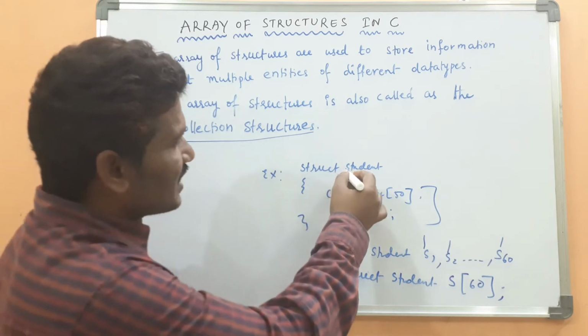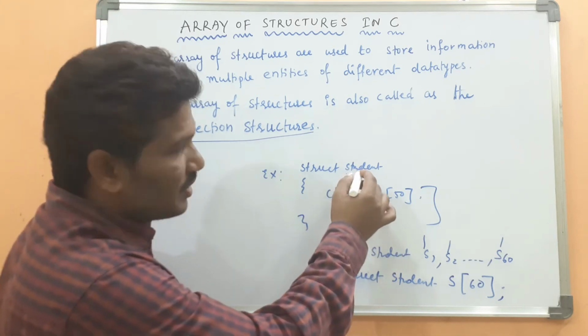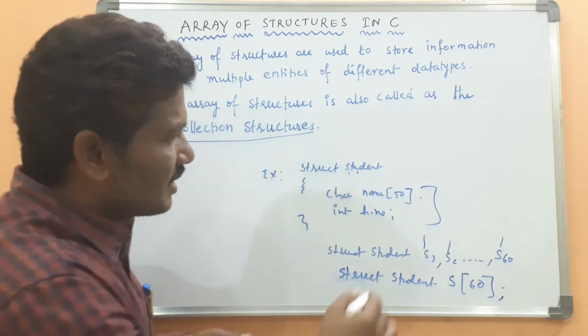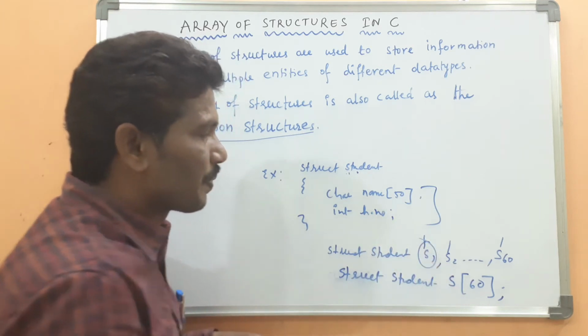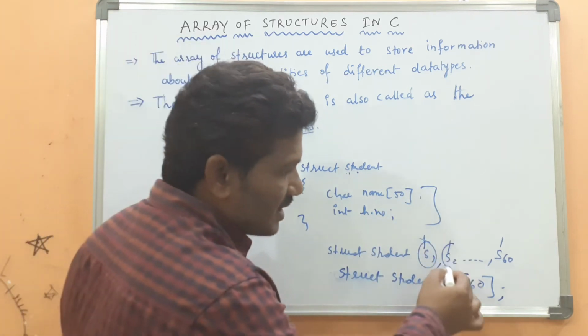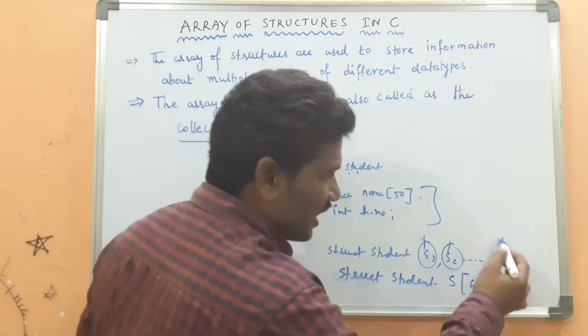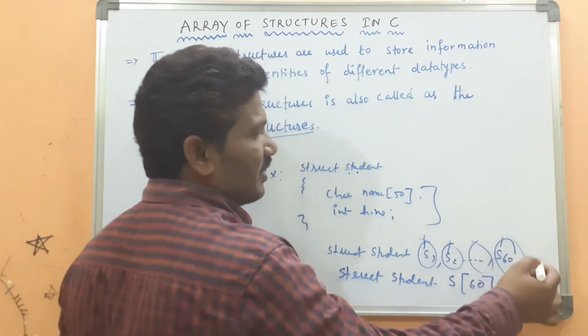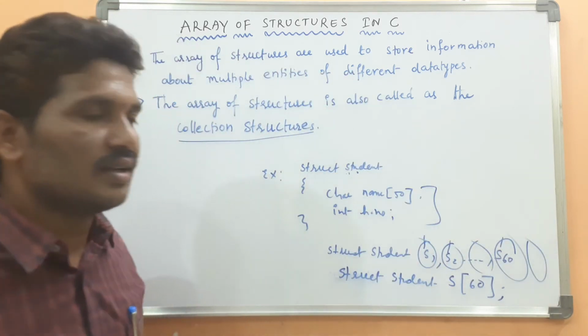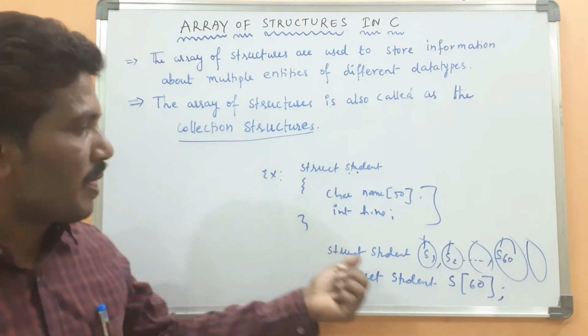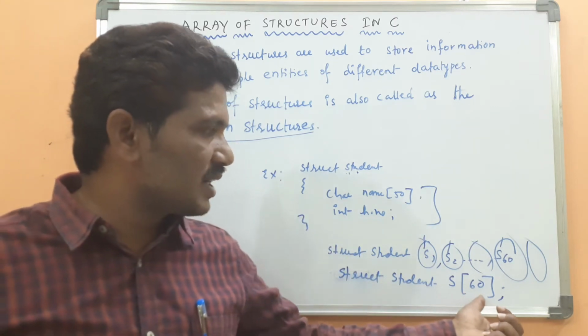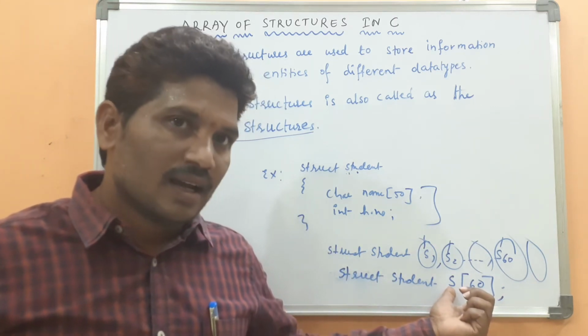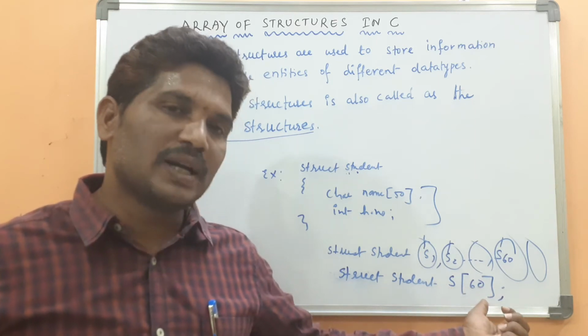Because, for example, one structure variable s1, next another structure variable, another structure variable, another structure variable. How many structure variables are there here? A single variable but multiple entities.